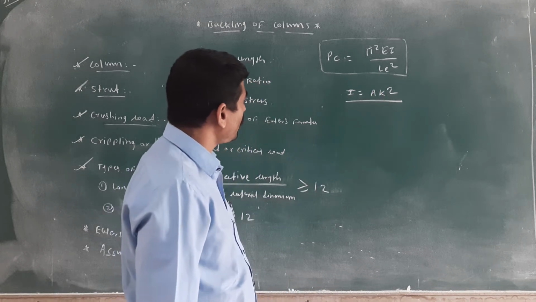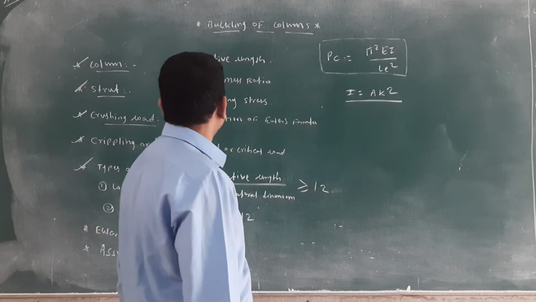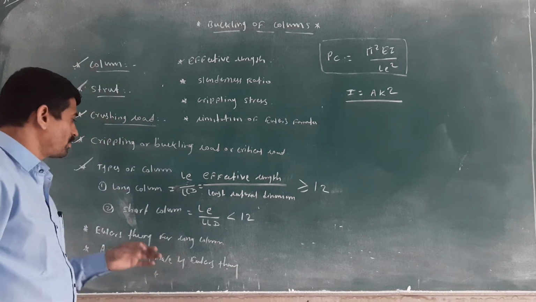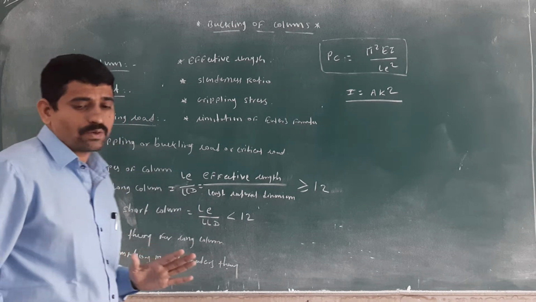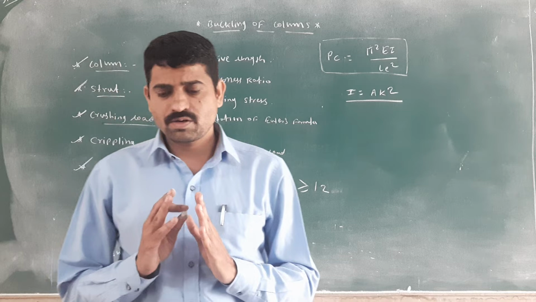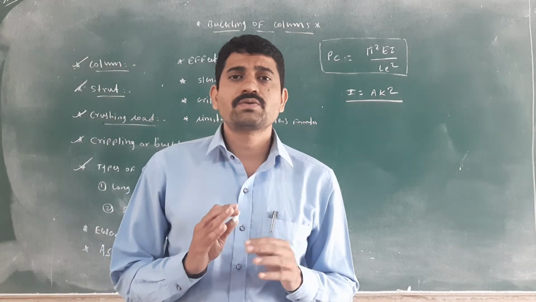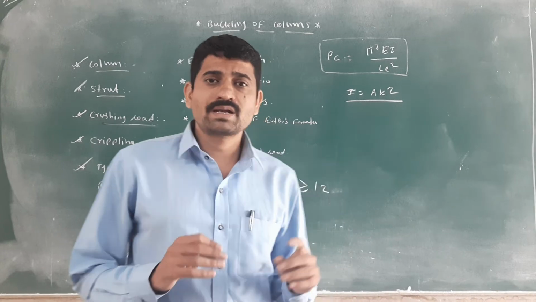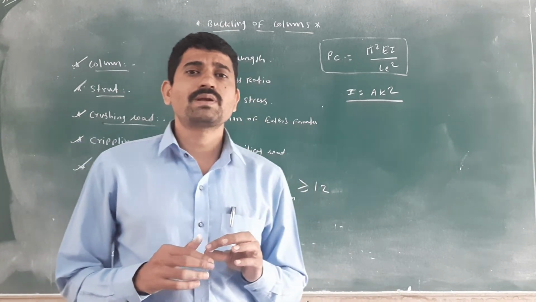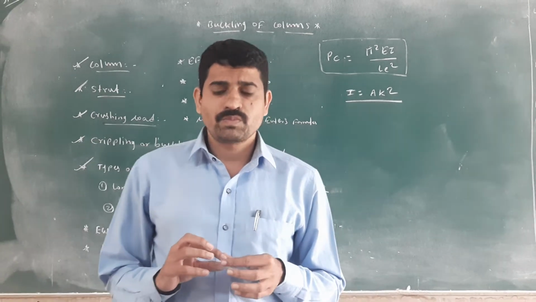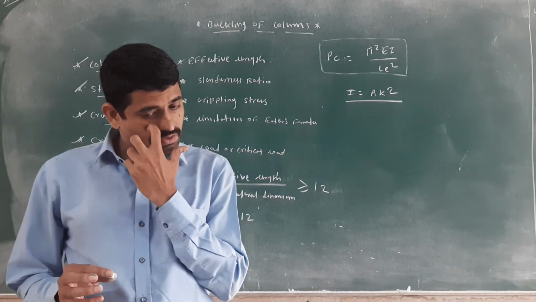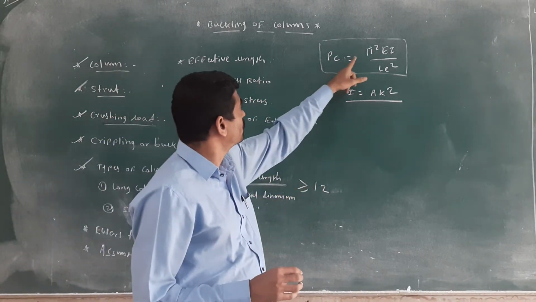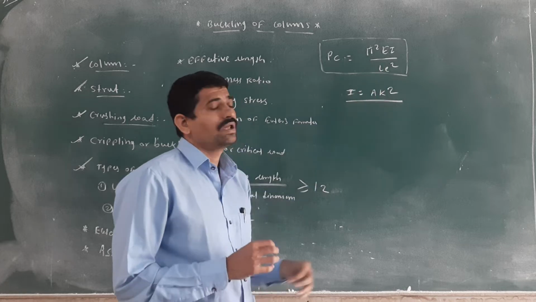Here you have to remember that Euler's theory of the long column fails due to buckling only, and this theory is not applicable for the short column.